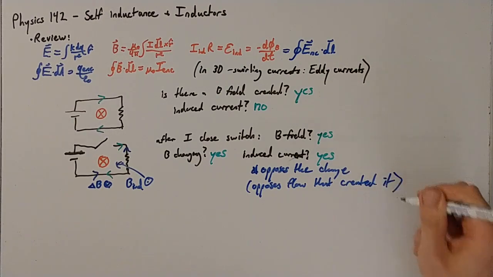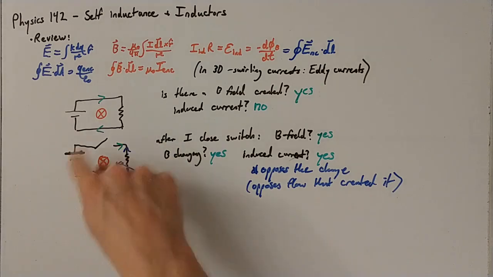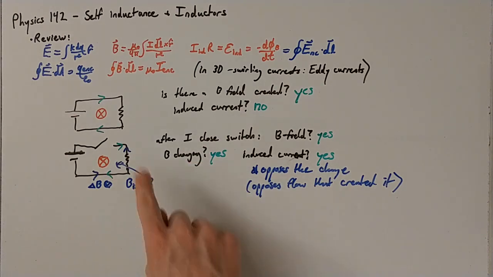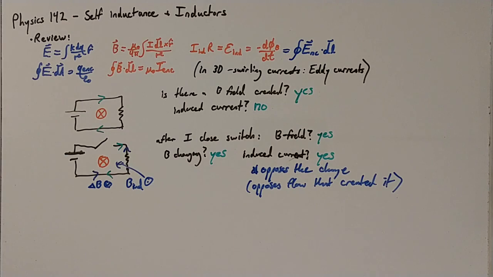This is sort of an interesting phenomenon, because now we're trying to get some current flowing, but just the fact that we're ramping up that current, that we're increasing the current, means that there's going to be some opposition to it.